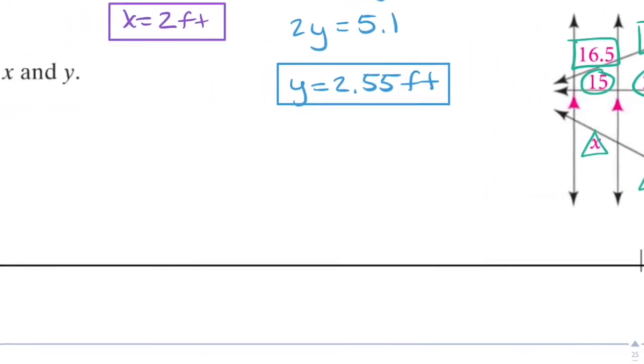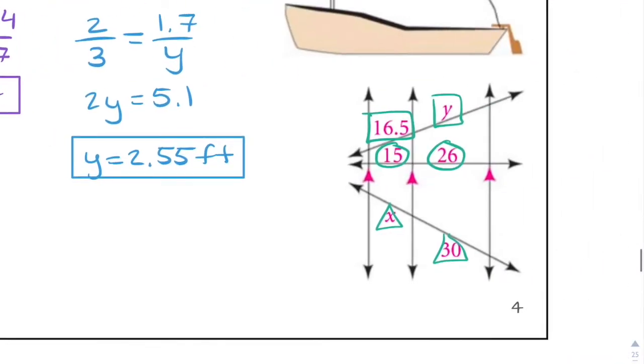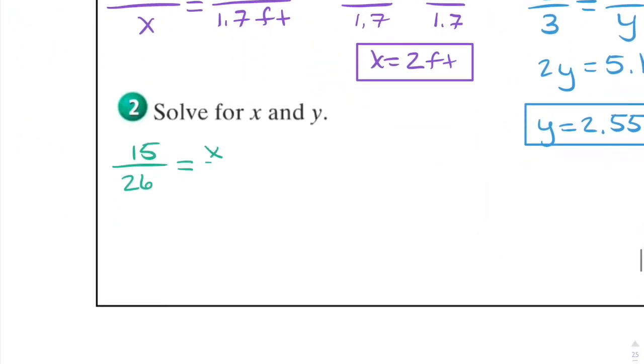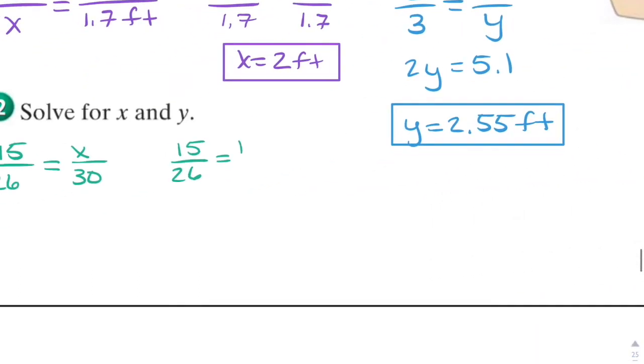So I'm going to reuse 15 is to 26 twice. 15 is to 26 as x is to 30, and 15 is to 26 as 16.5 is to y.